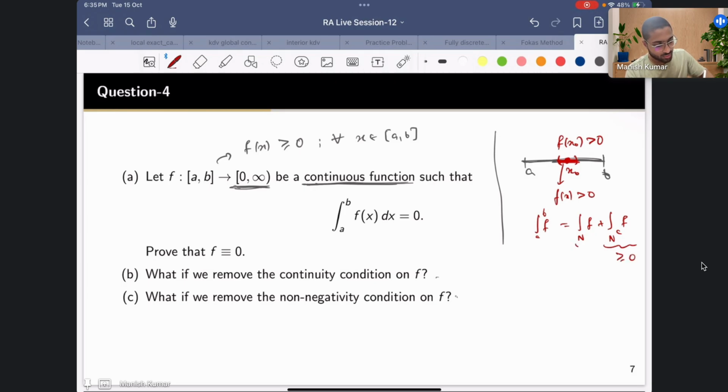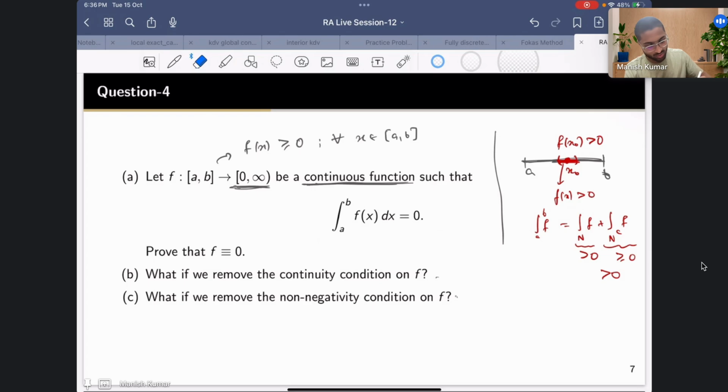But f is strictly positive in the neighborhood, so the sum of these two numbers is strictly positive. This is a contradiction, because you were given that the integral is equal to 0. So this is how you can prove this part.